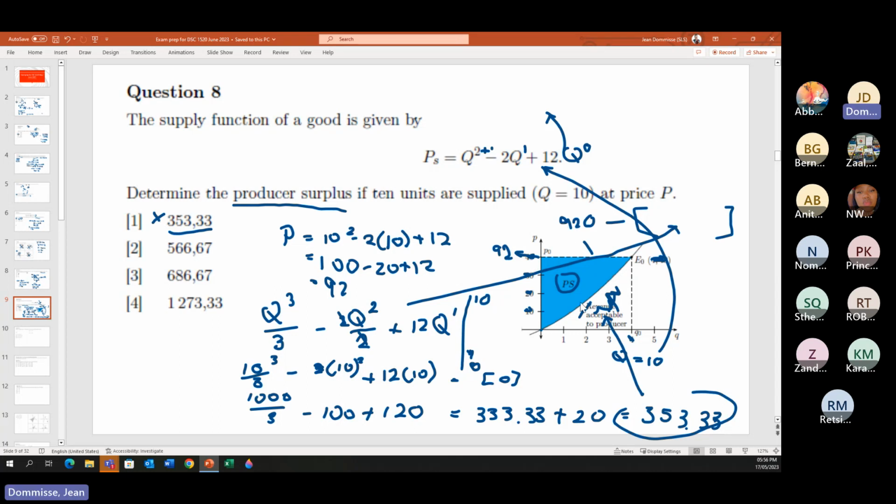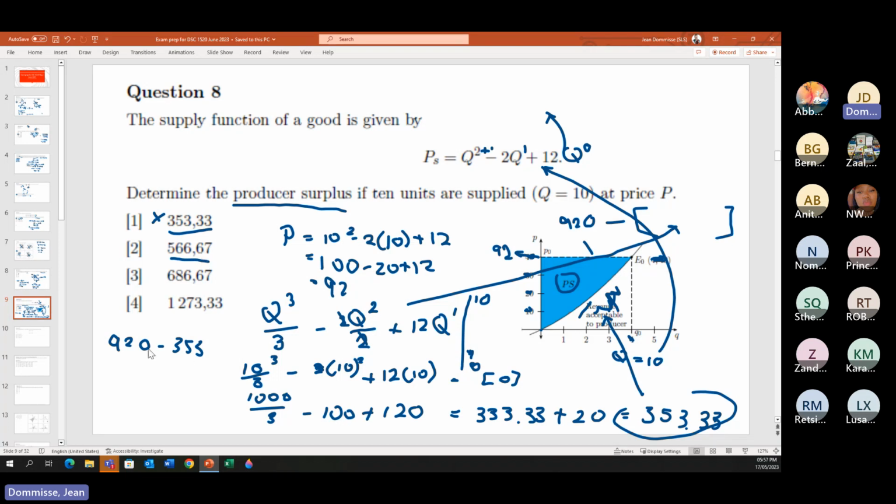So 920 minus the 353, and that will give you 566.67. So 920 minus 353 gives you 566.67.